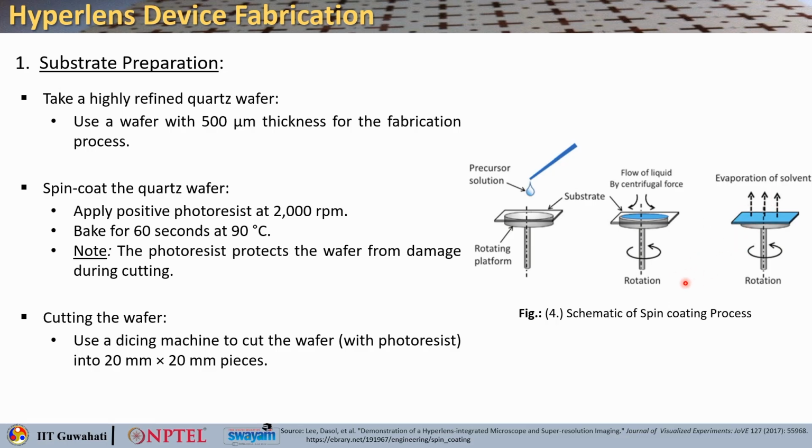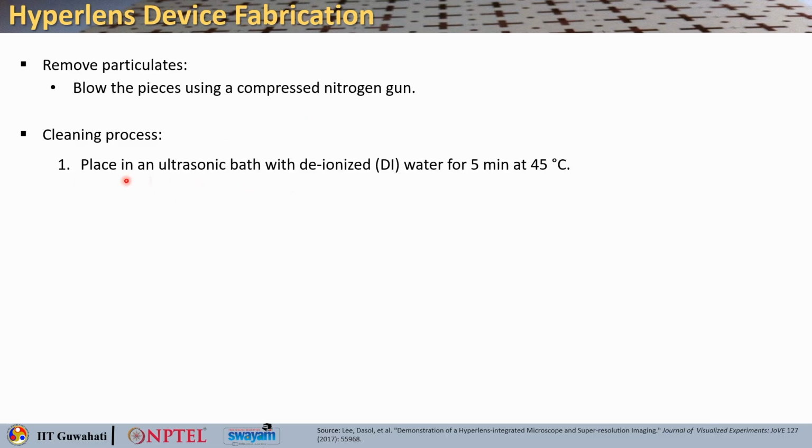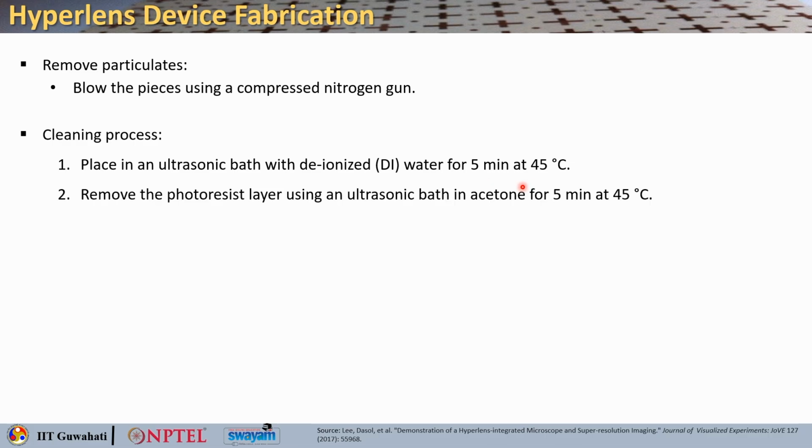So, you use a dicing machine to cut the wafer along with the photoresist into 20 mm by 20 mm pieces. Once done, then you remove the particulates. So, you blow the pieces using compressed nitrogen gas, a nitrogen gun, and the cleaning process involves placing those samples into an ultrasonic bath with deionized water for around 5 minutes at 48° centigrade, and that removes the photoresist layer.